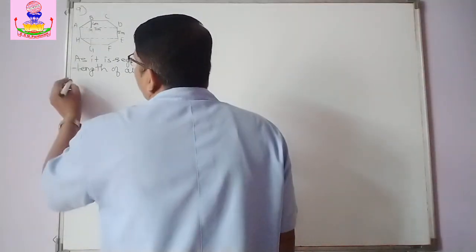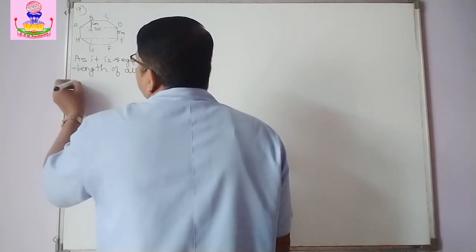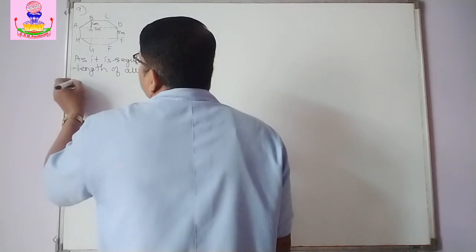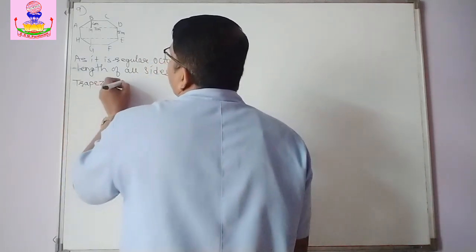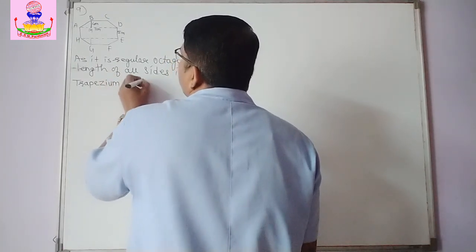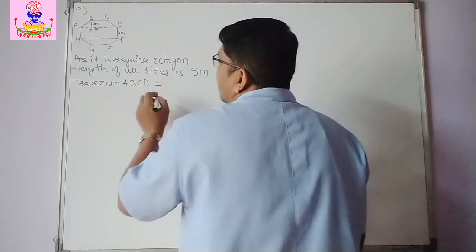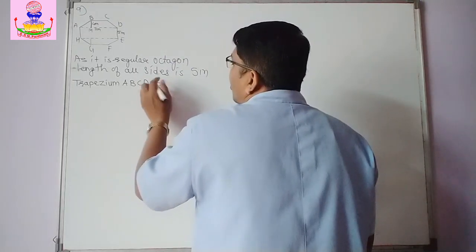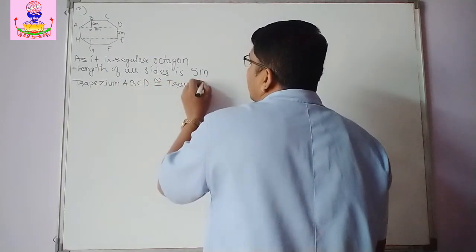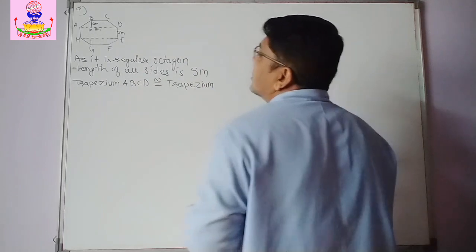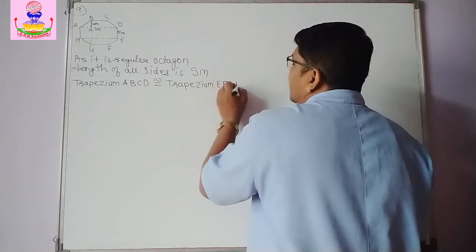Now the two trapeziums, trapezium A, B, C, D is congruent to trapezium H, E, F, G.